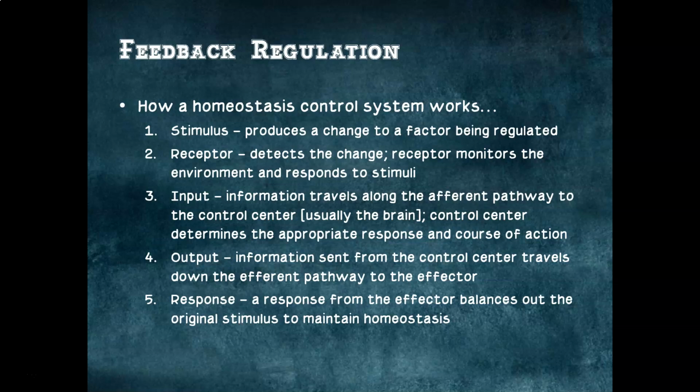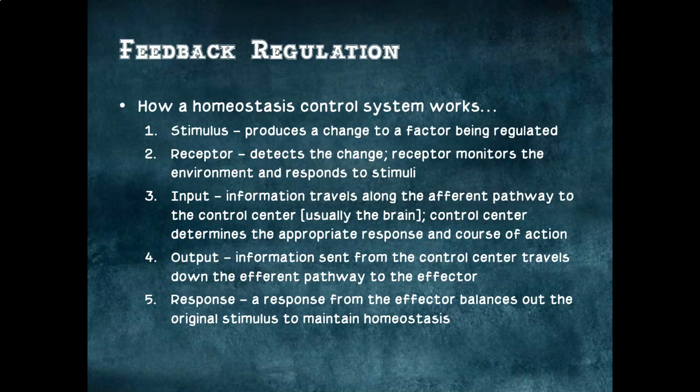So once we've detected the stimulus, decided what it was, decided what it's doing at the local level, that information then travels along your afferent pathways to your control center, which in us is our brain. And then it's the job of that control center to decide what the appropriate response to that stimulus is and how to work with it.